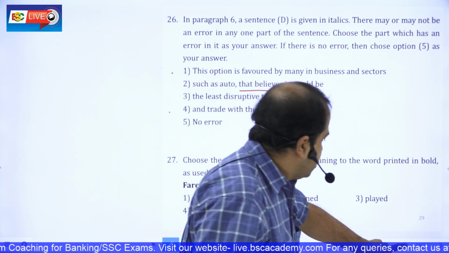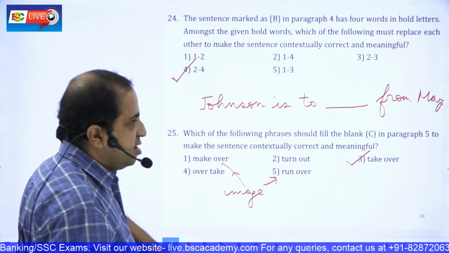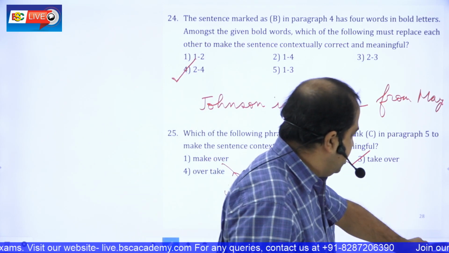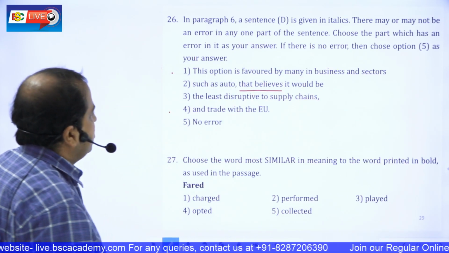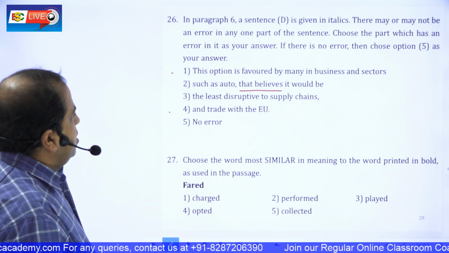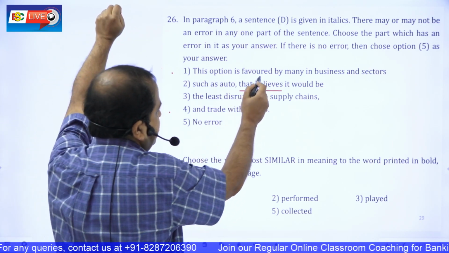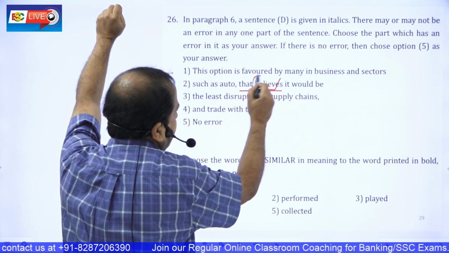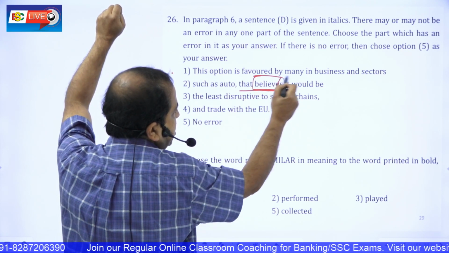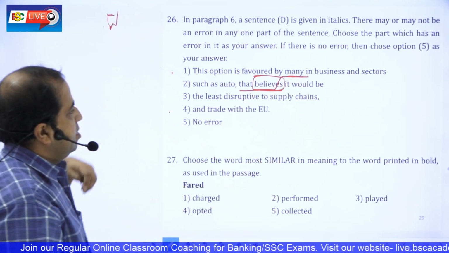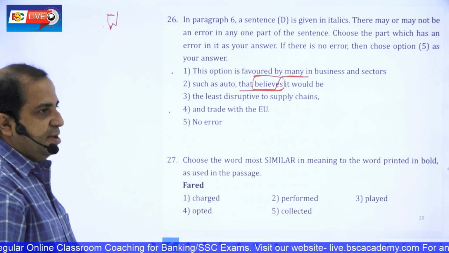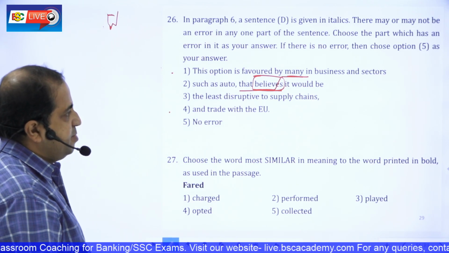Manas Meher says 3. Yes, for question number 25, 3 is correct. Now we are coming to question number 26. Who does this refer to? Believes. Many. So many believes or many believe?